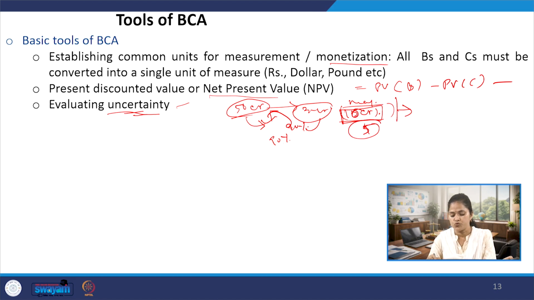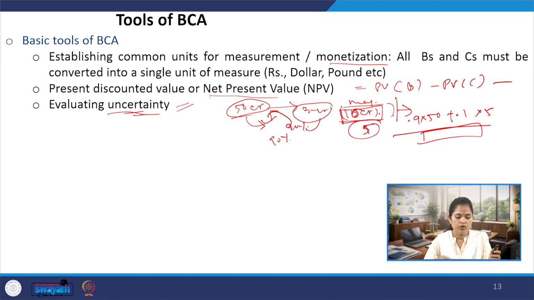So we are finding the probabilistic estimate for evaluating this uncertainty: 0.9 multiplied by 50 crore plus 0.1 multiplied by 5 crores. This is how to evaluate the uncertainty.